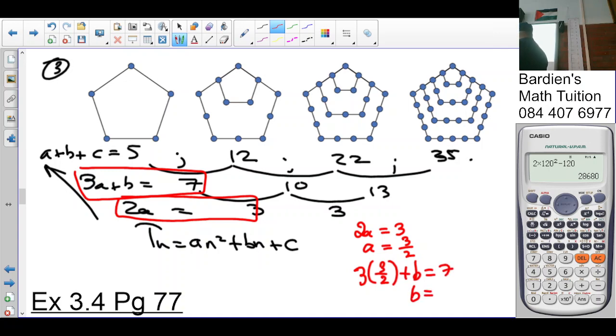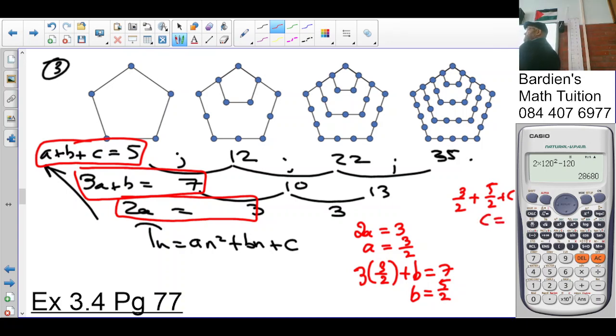So b works out to be 14 minus 9 over 2, which is 5 over 2. Okay, so it's 2.5. Then a plus b plus c is 5. We've got a, which is 3 over 2, plus b, which is 5 over 2, plus c is equal to 5. Because that is 4, c is 1.